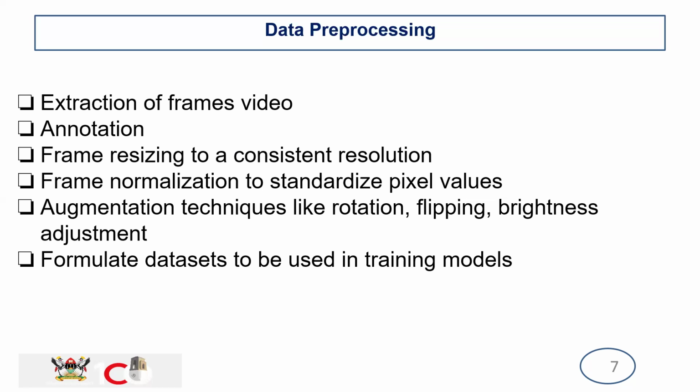I also did normalization and standardization. We also did augmentation using techniques like rotating, flipping, and brightness or contrast adjustment. I also had to extract the dataset from the files I had used through the adaptation process.